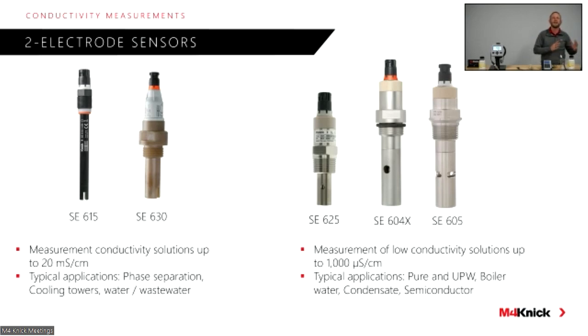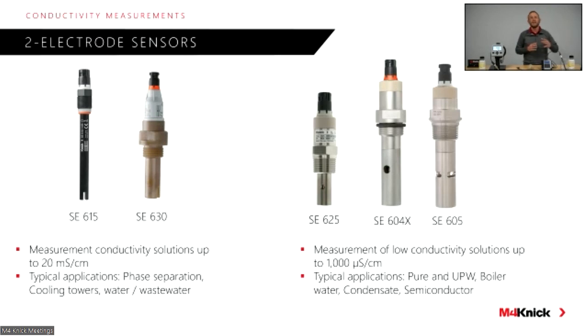So low conductivity applications. The three sensors that you see there, the coaxial style, the SE625, 604, and 605, range from 0 to 1,000 microsiemens. So low conductivity applications is where we often utilize coaxial style two electrode sensors.